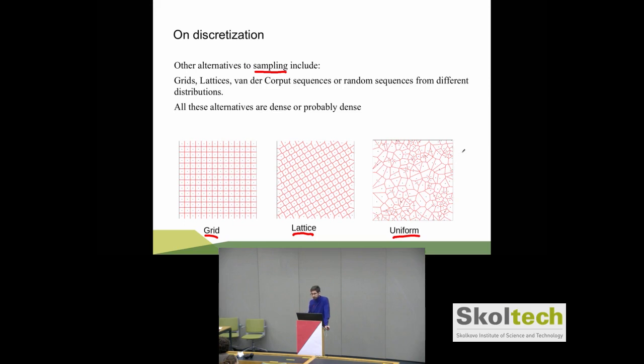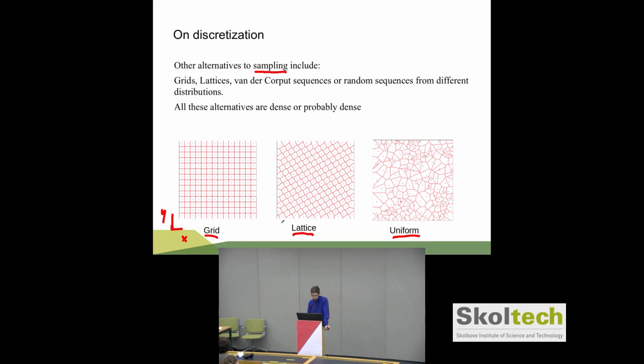Oh, you have a question, yes. Sorry, what is the difference? You see, the regularity that you are getting with the grid is a little bit different than the one you are getting with the lattice. It's built in a different way. For the grid, you just take Cartesian coordinates, your x and y, and then you equally space the center of your cells.